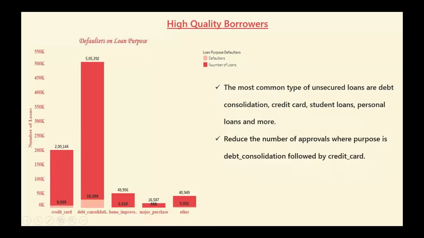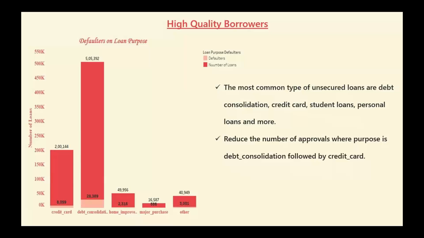This directly indicates that his financial planning is not going so well. So we initially thought, why not just reject all the debt consolidation loan types. But when we saw the number of users who were taking this type of loan, it was the maximum, more than 5 lakh. So we couldn't do that. So we found another way.